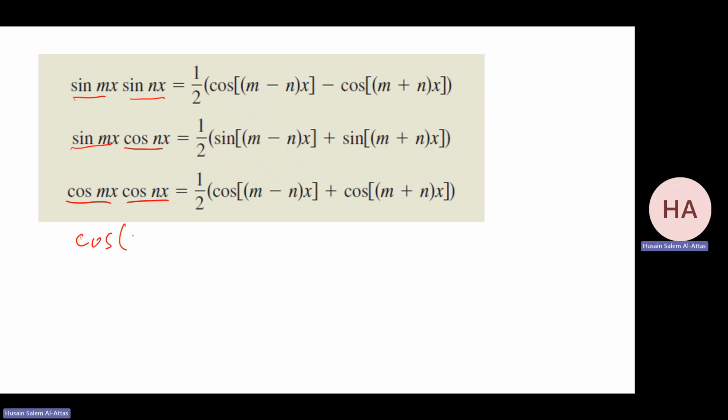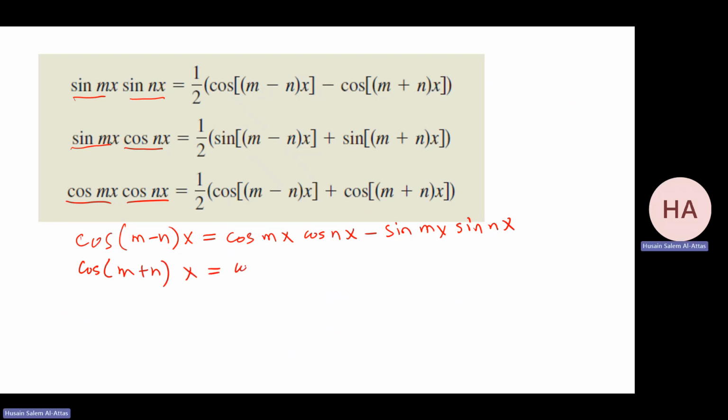If you notice, if I have cosine of (m minus n)x, the difference of two angles, that will be cosine m cosine n plus sine m sine n. And if you have cosine of the sum, that will be cosine m cosine n minus sine m sine n. For the minus I have plus, and for the plus I have a minus. If you remember the formulas, it will be cosine cosine, sine sine.